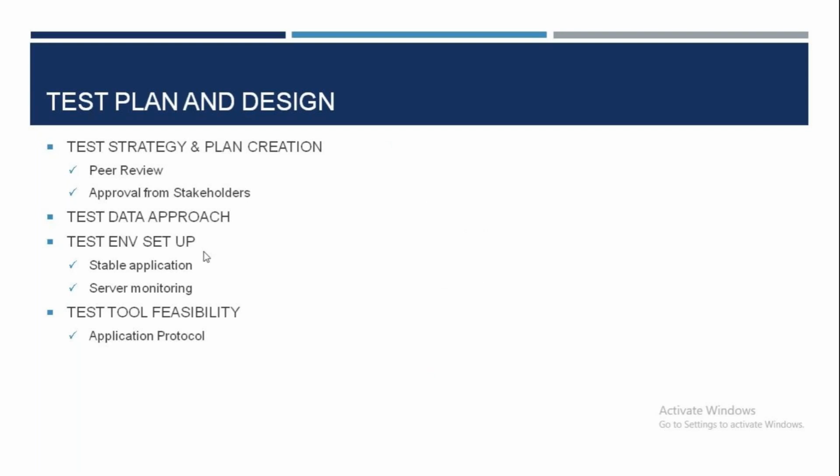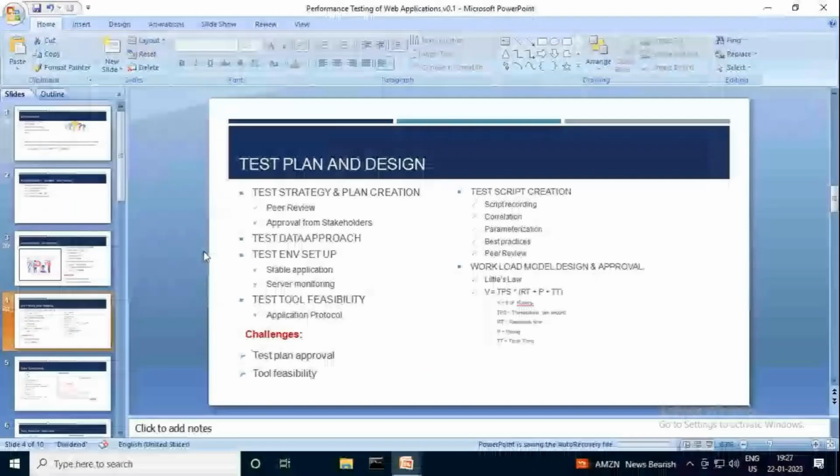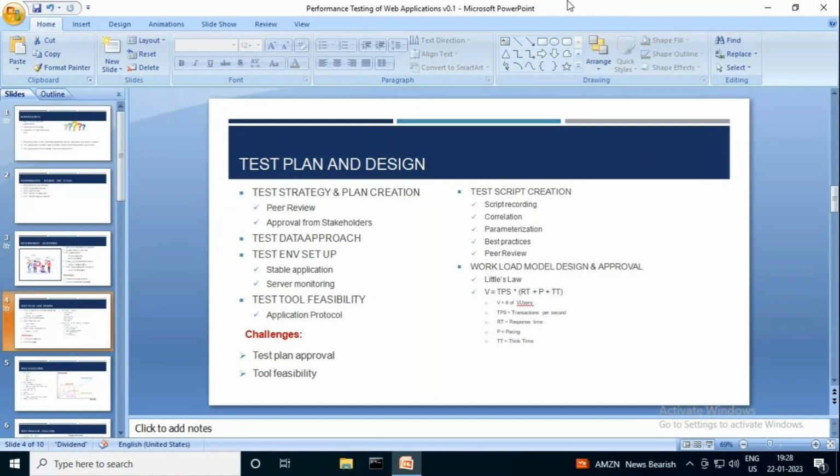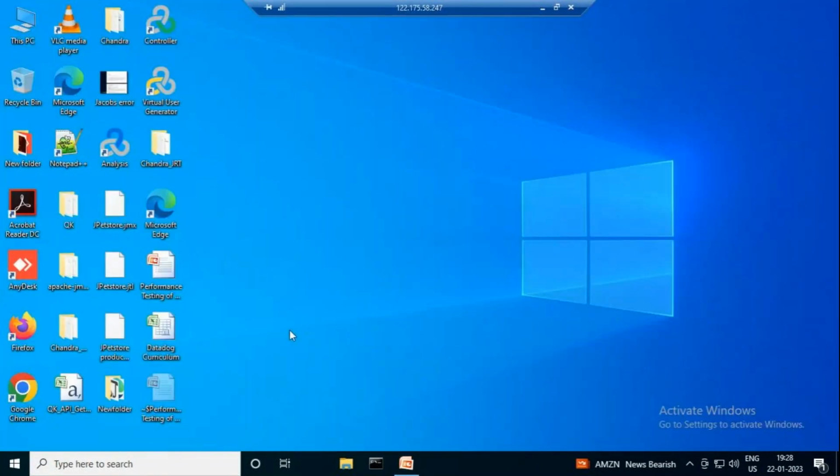So I'll take a pause here because there are other important topics which I will cover in the next session. We are discussing the performance testing basics first, so let me go to the curriculum.